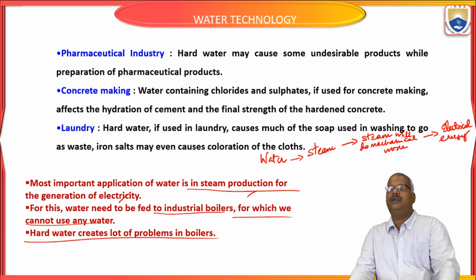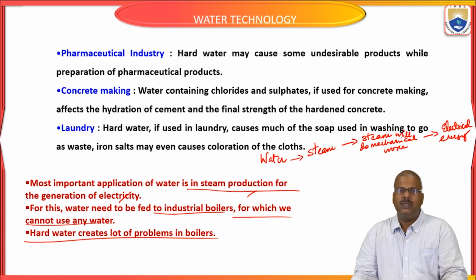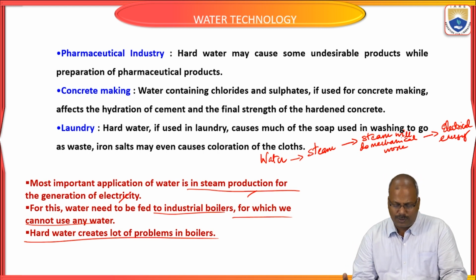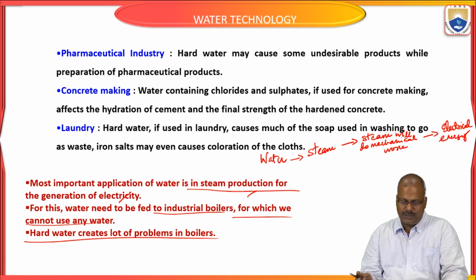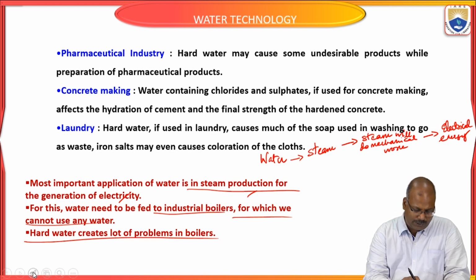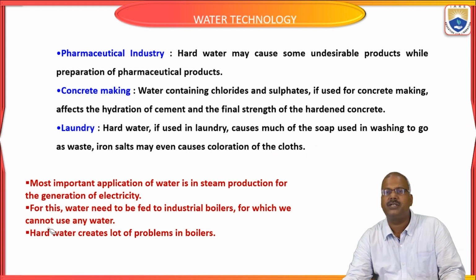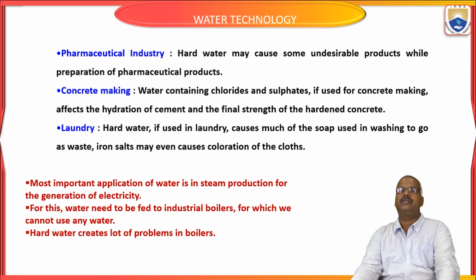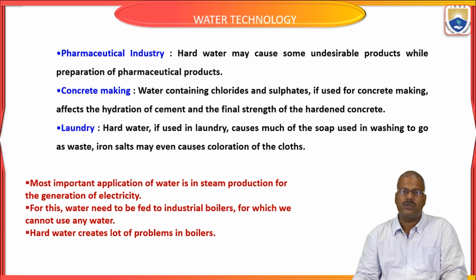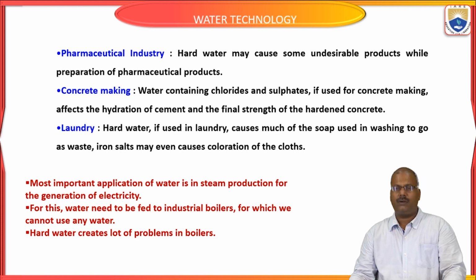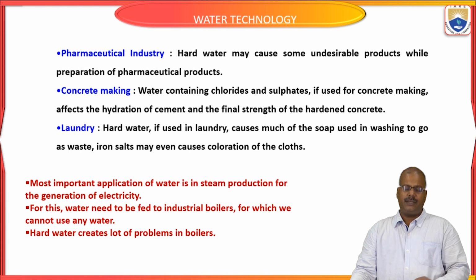A boiler is a vessel which is used to make steam from water. If you use hard water for steam generation, in order to get electricity, there will be a lot of boiler problems.